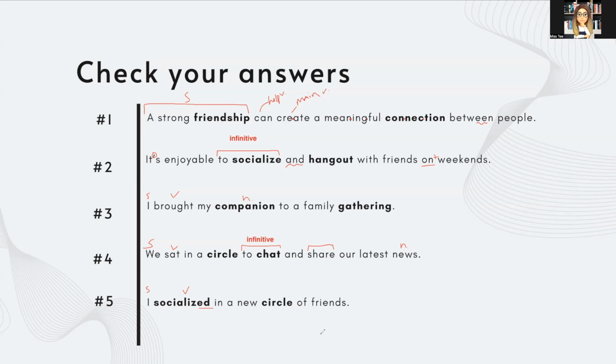We usually say circle of friends in the same way that we say group of friends. So group of friends and circle of friends is actually the same thing. We use the word circle to really show the connection between people. It's like a close circle. It's all connected, like a circle.